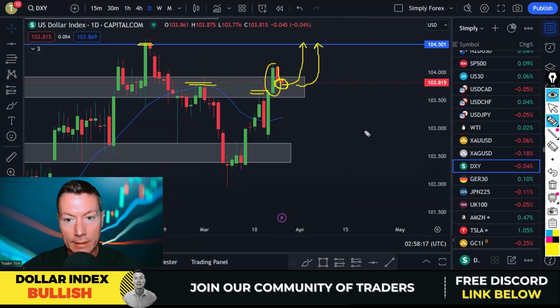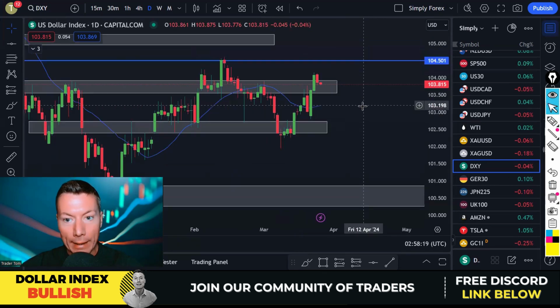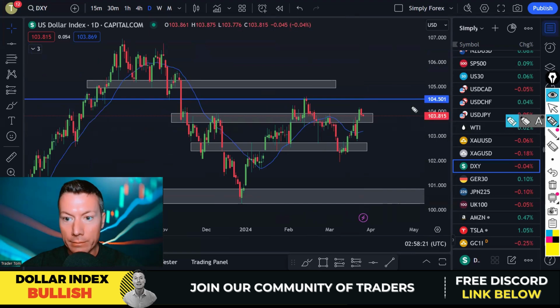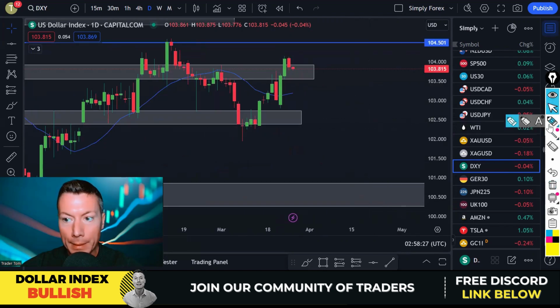That's what the dollar index is telling me. If we zoom out, it could carry on up. But at the very least, there's a high probability that the dollar index is going to reach this last high, okay? And this psychological level of 104.50. So US dollar strength to here.